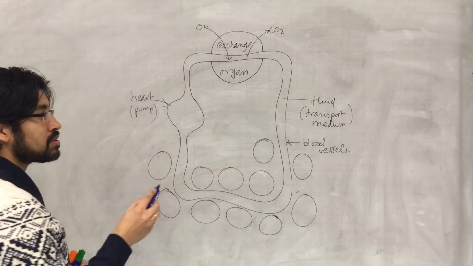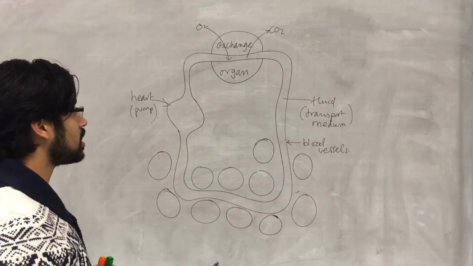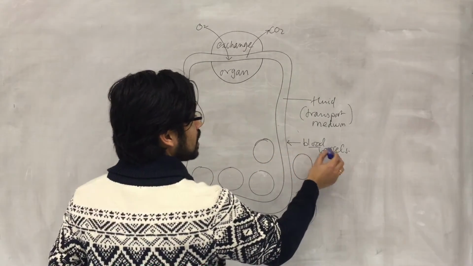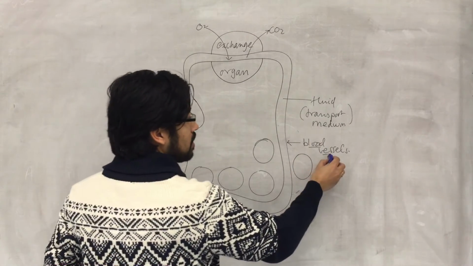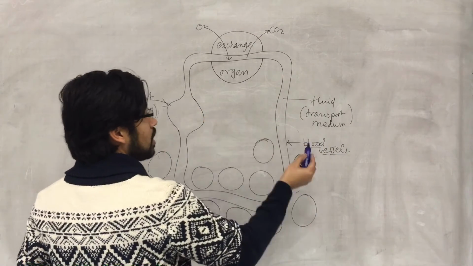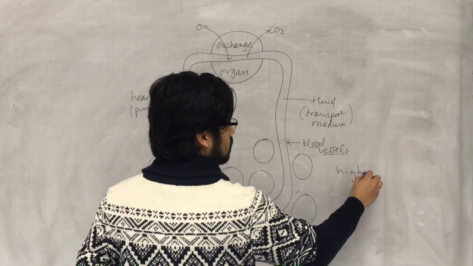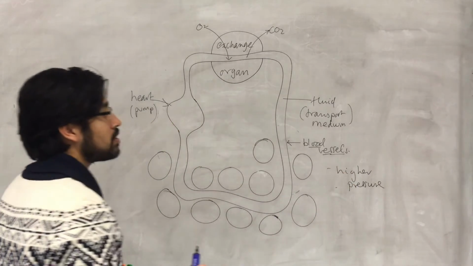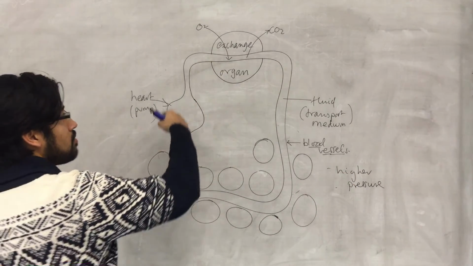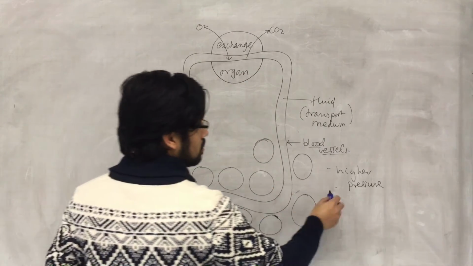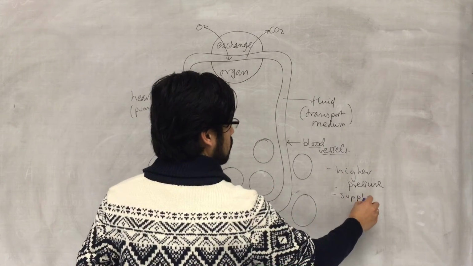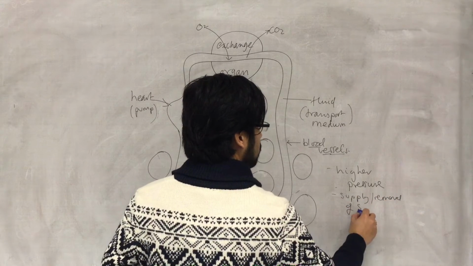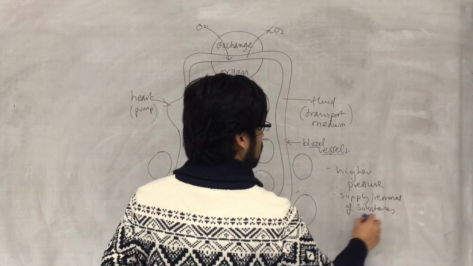But what advantage closed circulatory system has over open circulatory system is because we've got the fluid enclosed in blood vessels, the blood is under a higher pressure. The blood is under a higher pressure, and therefore the supply and removal of substances is more efficient.